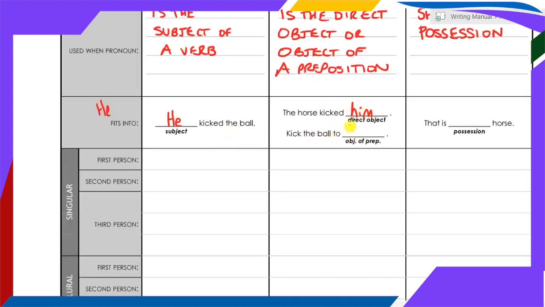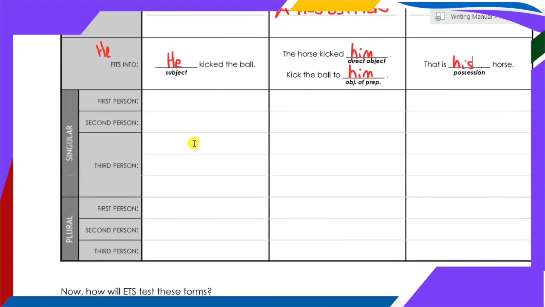Kick the ball to he? No, we would say kick the ball to him. That is he horse? No, that is his horse. So depending upon how you're using the pronoun, whether it's the subject, the object or showing possession, that pronoun's form is going to change depending upon the pronoun's function.